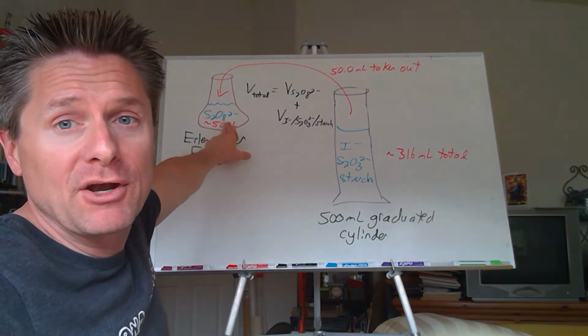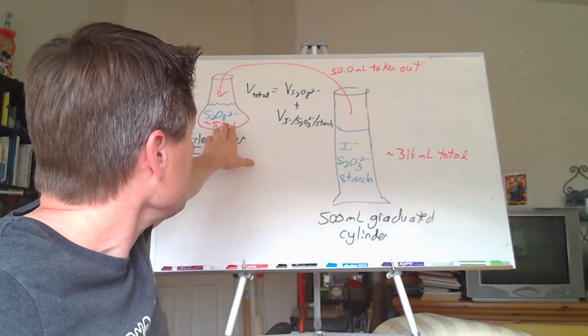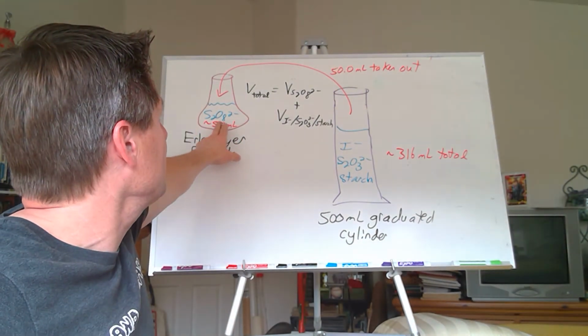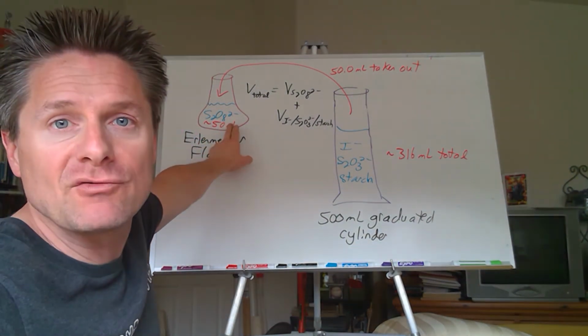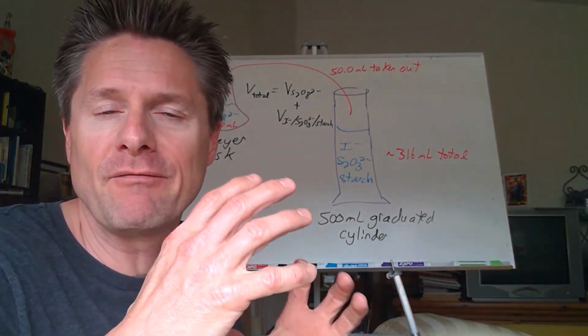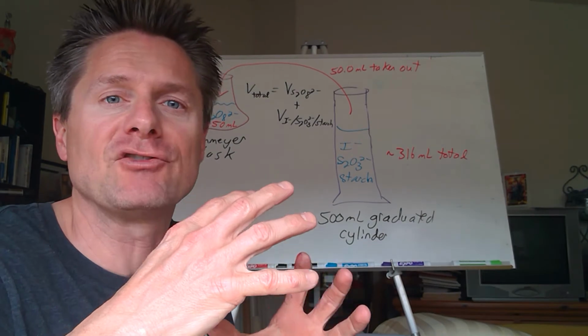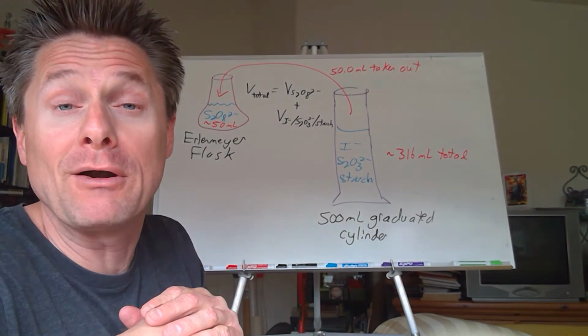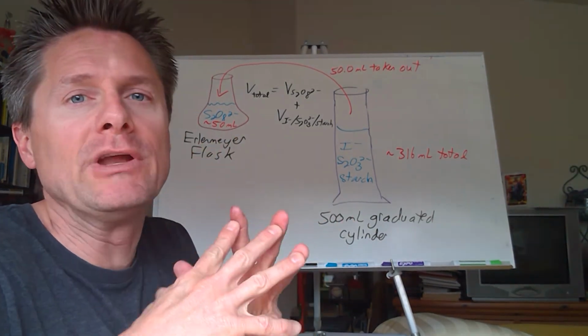So in lab, you would make up 6 different Erlenmeyer flasks with 6 different known concentrations. I'm going to make an original peroxydisulfate solution with a known concentration. We're going to dilute it with varying amounts of water to create 6 diluted concentrations.